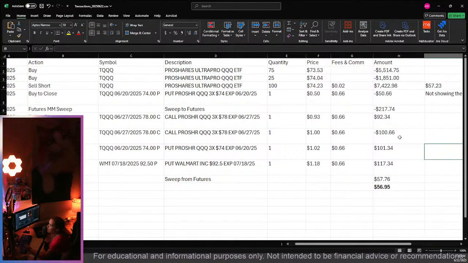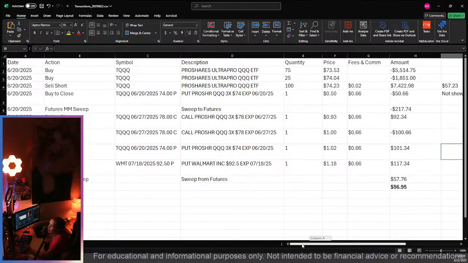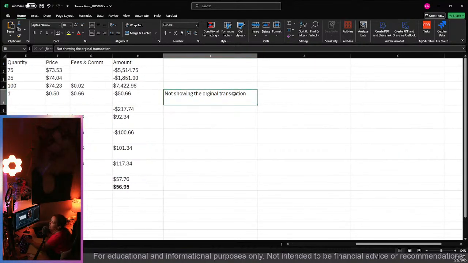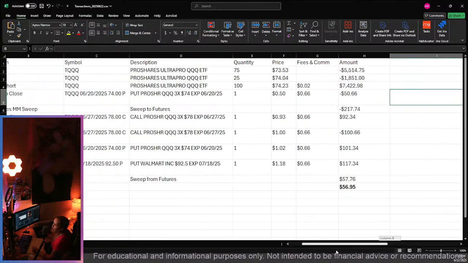So this was like an iron... sell to open. Okay, yeah, this is it. This is the one I did in the same week. This is all accounted for here. Never mind. At least with this one, it's all accounted for of what I did.